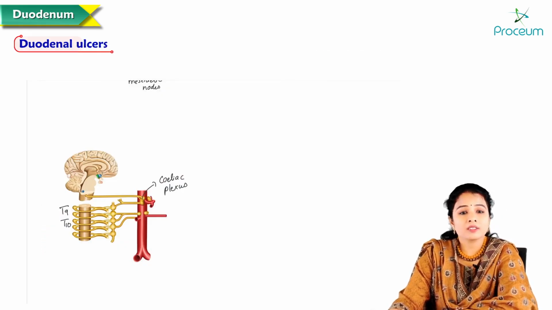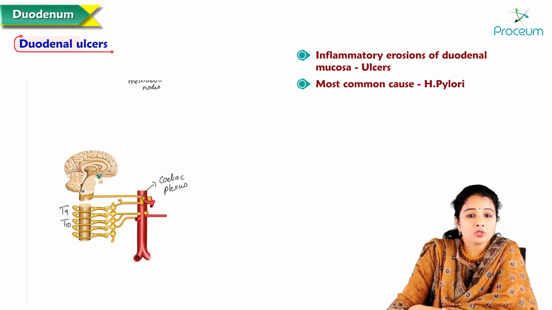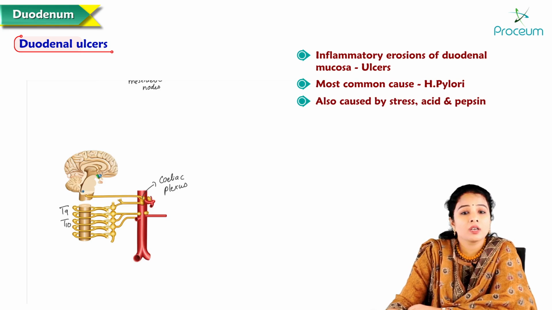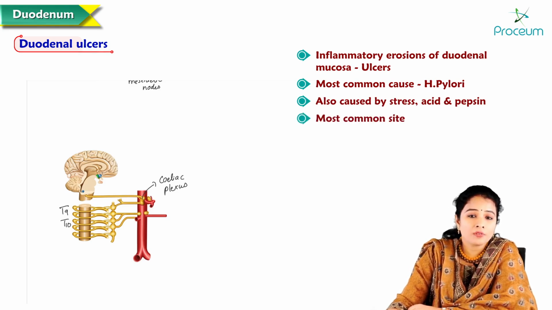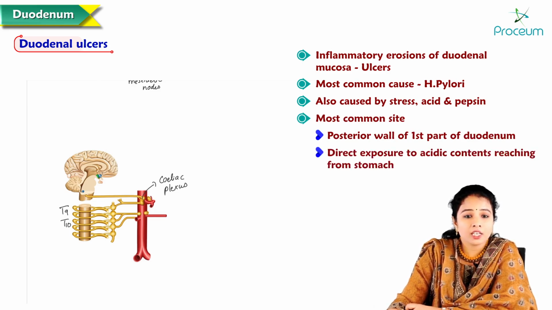Clinical significance: inflammatory erosions of duodenal mucosa result in ulcers, and the most common cause of that is Helicobacter pylori, but it is also caused by stress, acid and pepsin. And the most common site of ulceration of duodenum is the posterior wall of the first part of duodenum, due to direct exposure of this part to the acidic contents reaching from the stomach.